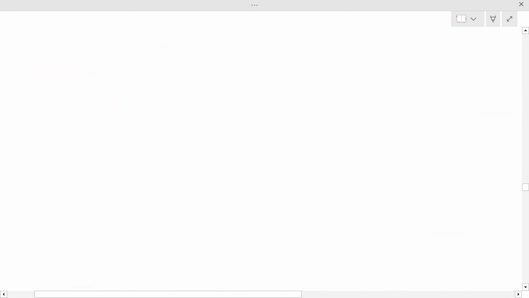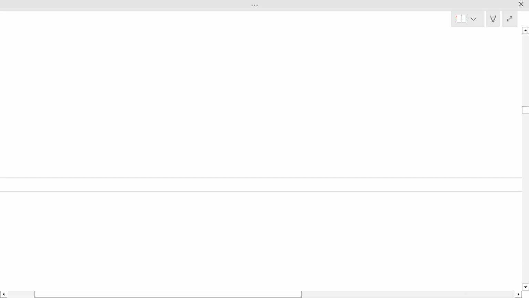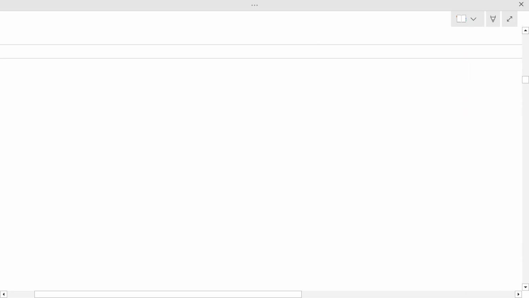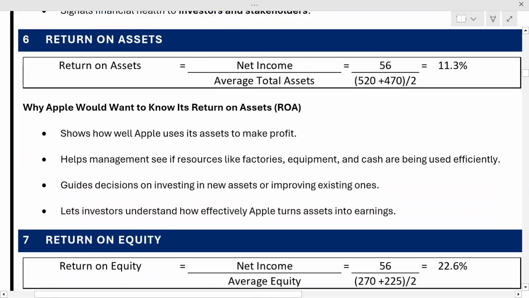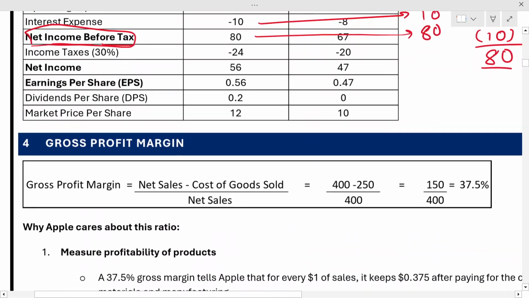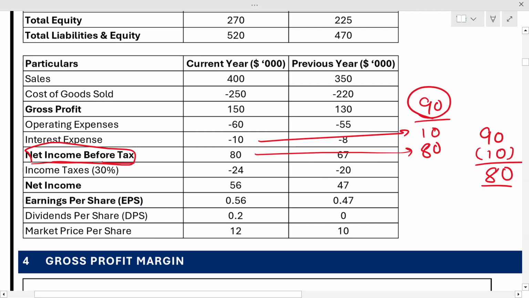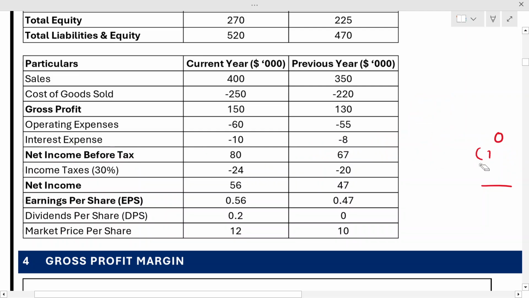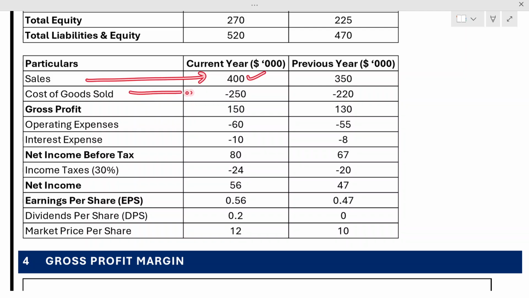Now let's see our P&L and try to get a sense for our EBITDA number here. Within our P&L, our sales were $400,000. Then our cost of goods sold was $250,000. Gross profit was 150.